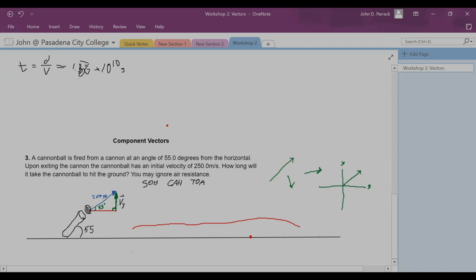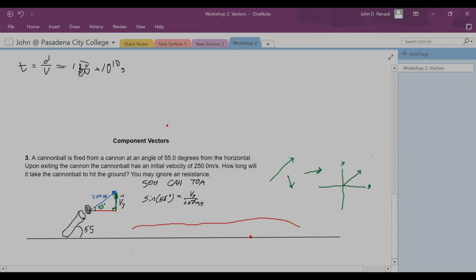This is the opposite side. So couldn't we say that the sine of 55 degrees, make sure your calculator's in degree mode when we punch this out, shouldn't that be equal to the opposite over the hypotenuse, Vy divided by 250 meters per second?